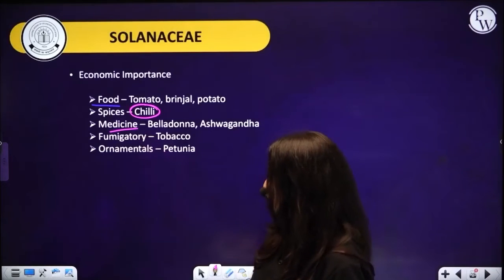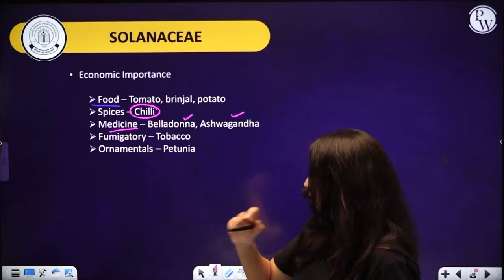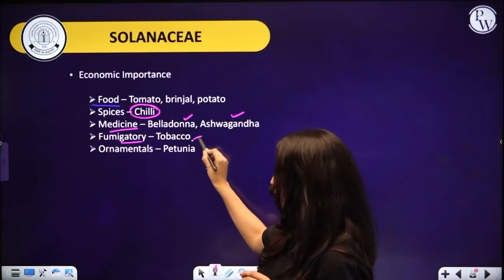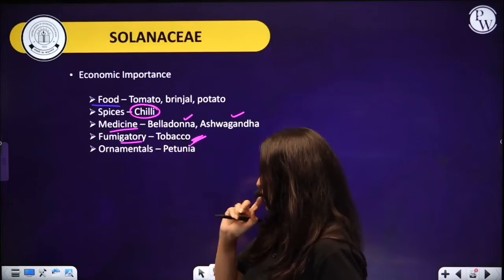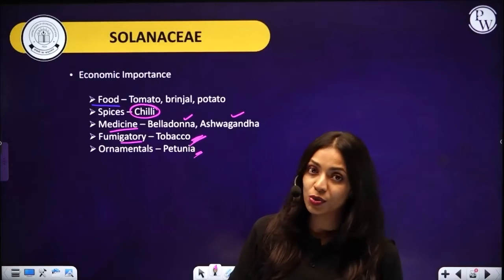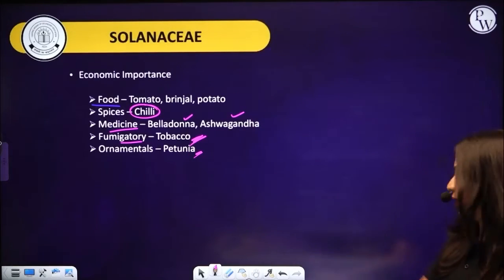They are important source of medicines because of plants like belladonna and ashwagandha. Some of the plants belonging to this family like tobacco have fumigatory properties. Plants like petunia, which have very beautiful flowers, are used as ornamentals. So you will have to remember all of these as well.